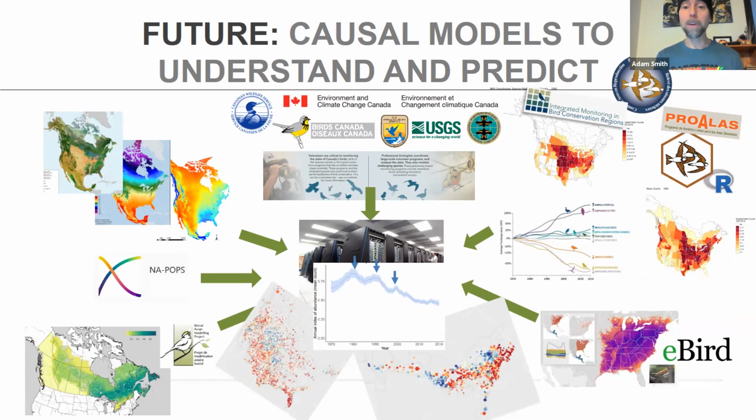We're talking about the causal mechanisms underlying these changes in population: when populations change, where they've changed on the landscape, how those patterns occur, and getting a much deeper understanding of what's driving changes in land bird populations across the continent.